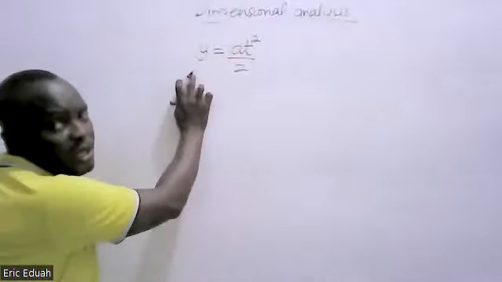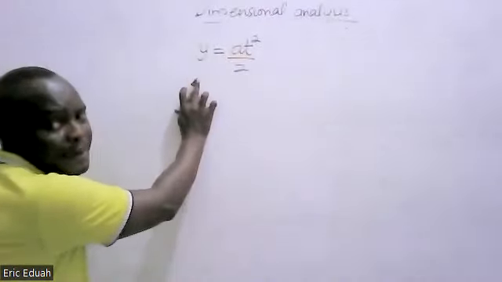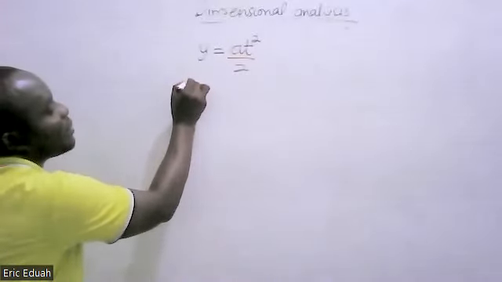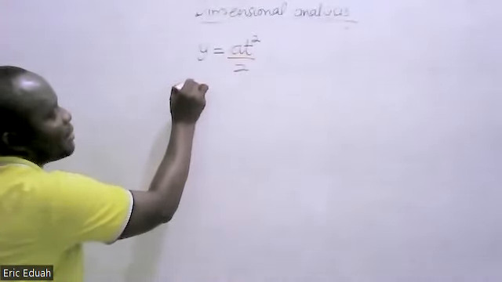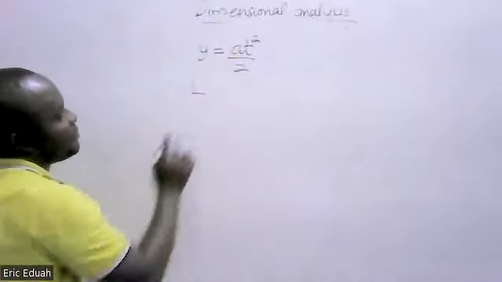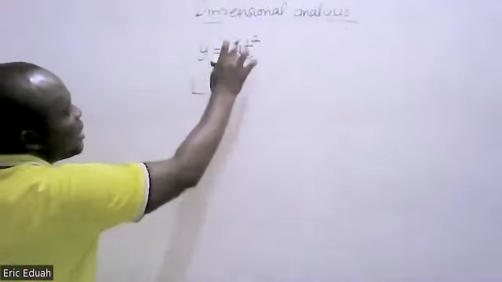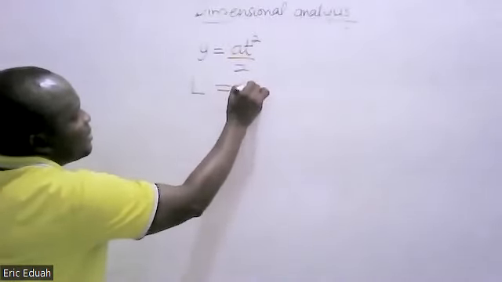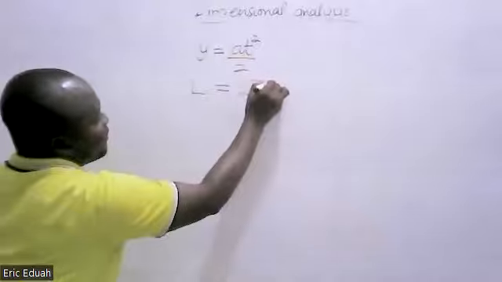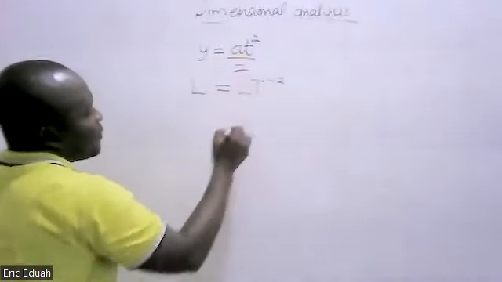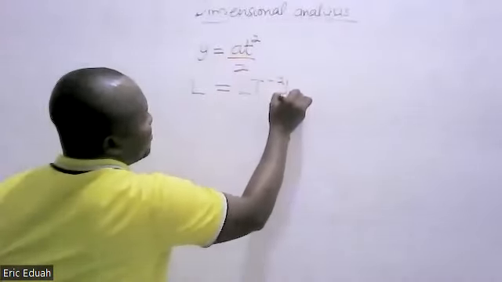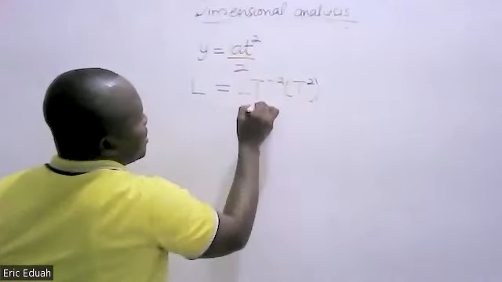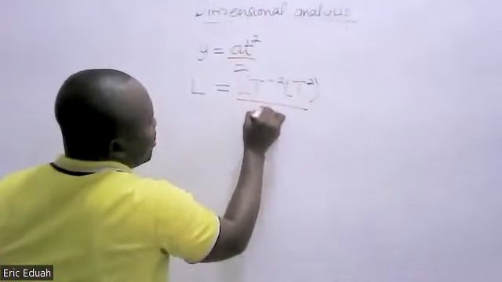So what do you think will be the dimension of y? L. The dimension of acceleration is L T to the power -2. The dimension of time is T squared. So we have all over 2.